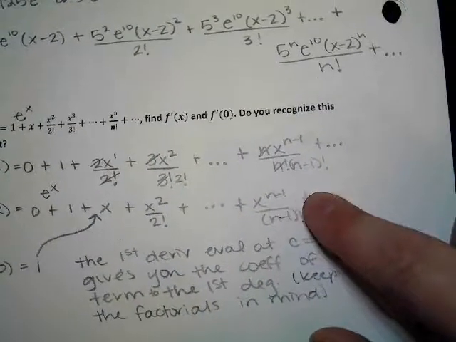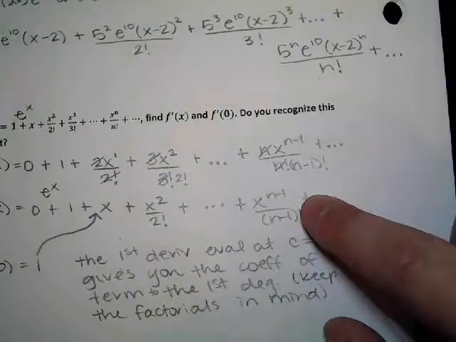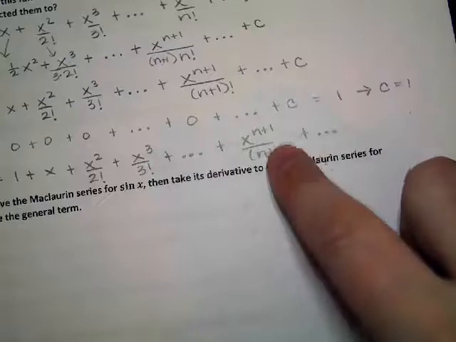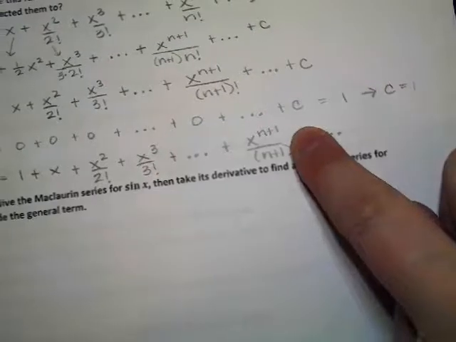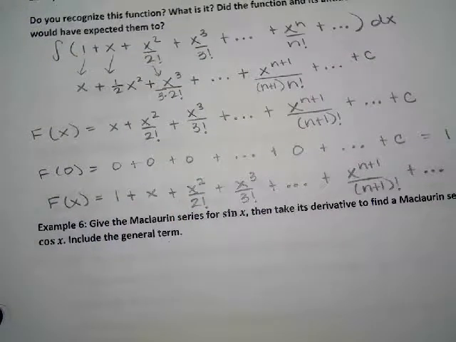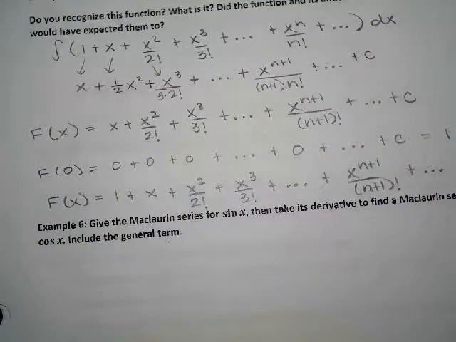And you can see that your antiderivative does what it always does, it adds 1. Does that make sense? But overall, your e to the x is still e to the x. The antiderivative is still e to the x. The derivative is still e to the x. So you can see that everything that we've learned before does what it has always done.